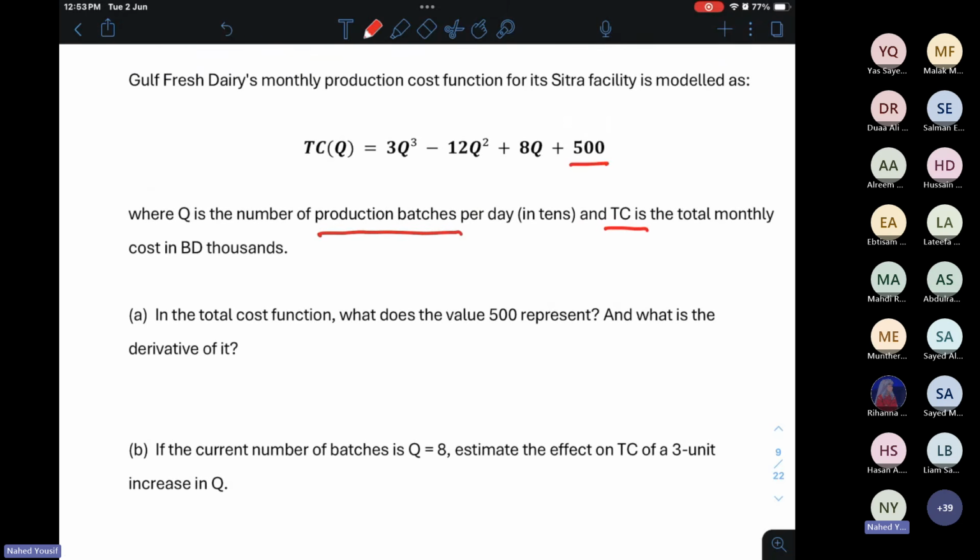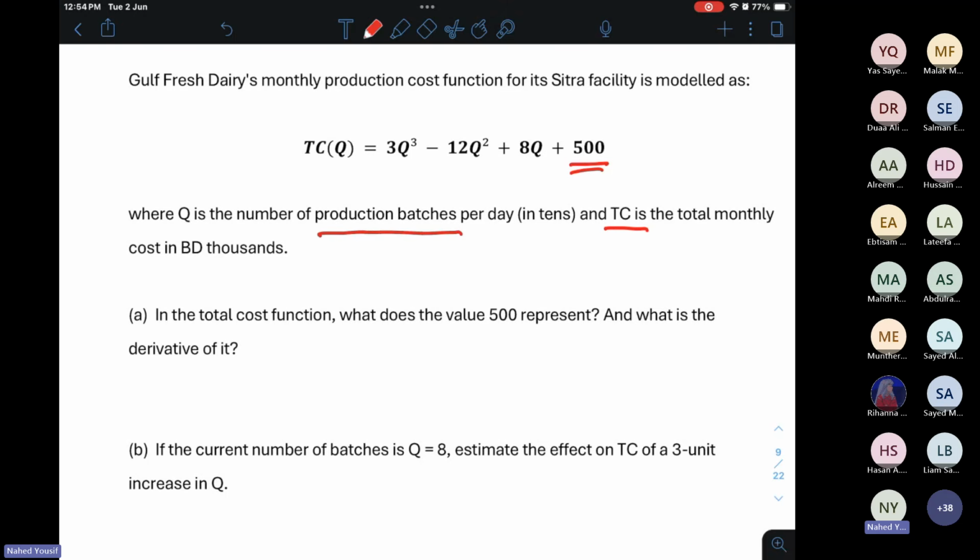What is the meaning of this 500 they are asking us about? Actually, it is the fixed cost.